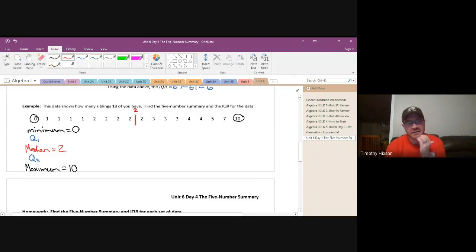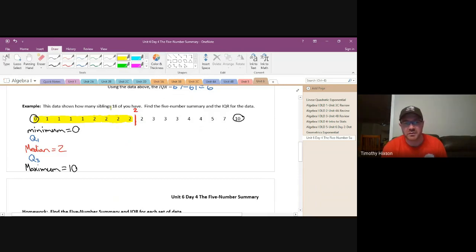Now, this is significant, especially when you're identifying what the bottom half and the top half of the data are. When I'm looking at the bottom half, I look at all the data to the left of the median. Because the 2 that is our median is in between these 2 2's, I will include this as part of the bottom half.